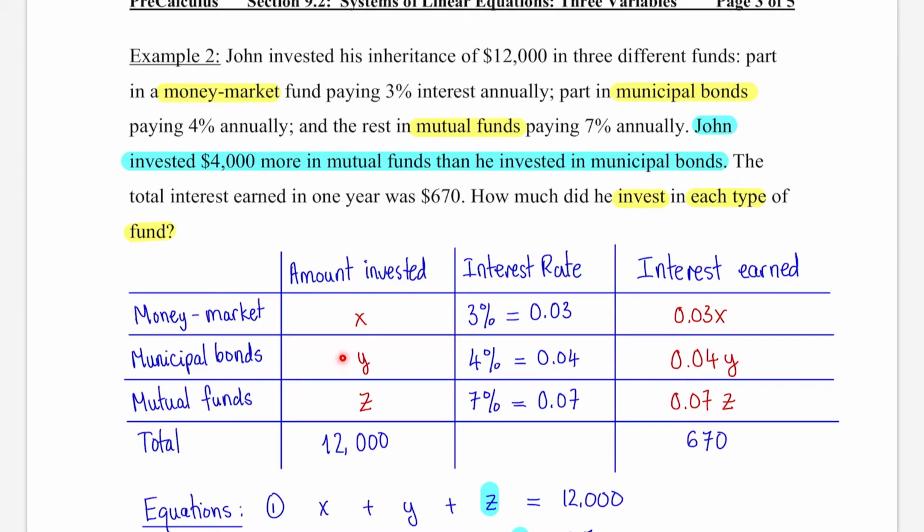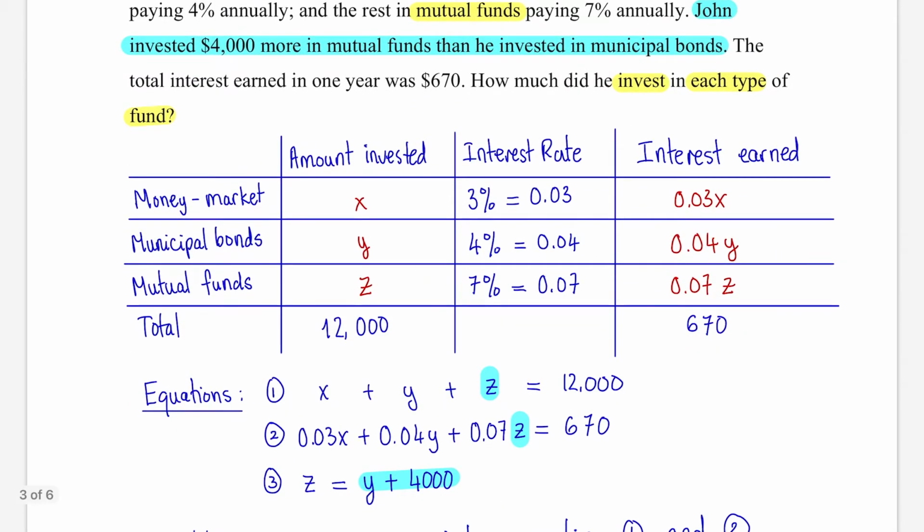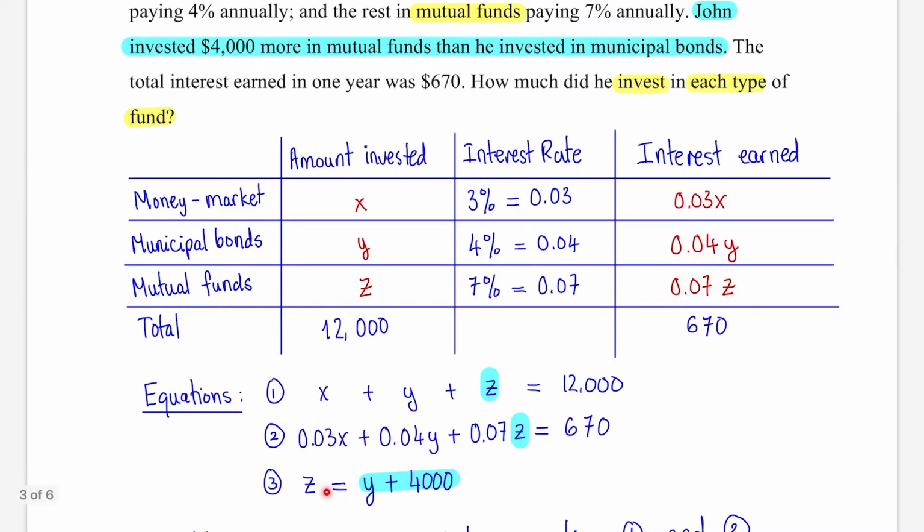y is the amount of money that John invested in bonds. And remember, the amount that he invested in mutual funds was $4,000 more than y. So how much did he invest in mutual fund? I will use this equation 3, z equals y plus 4,000 in order to solve for z.